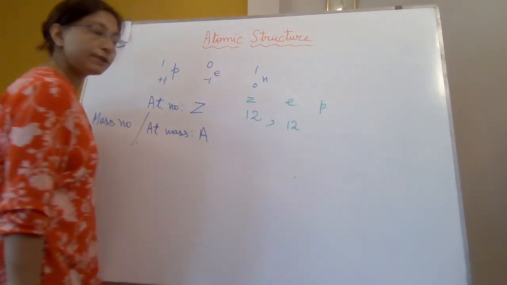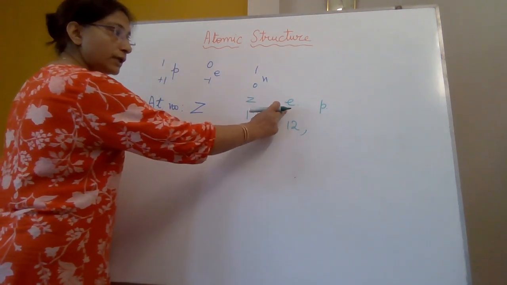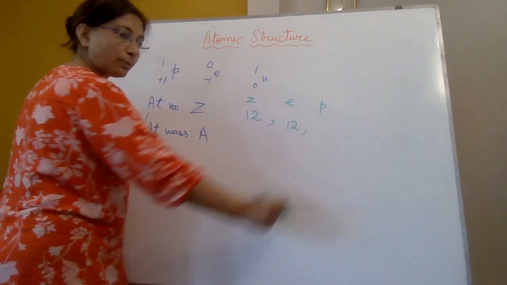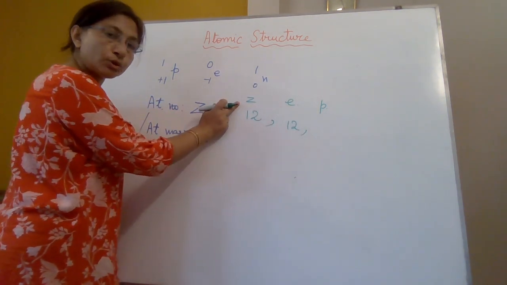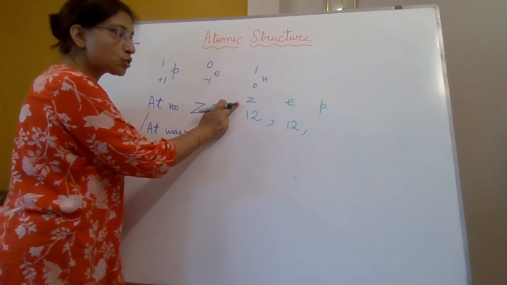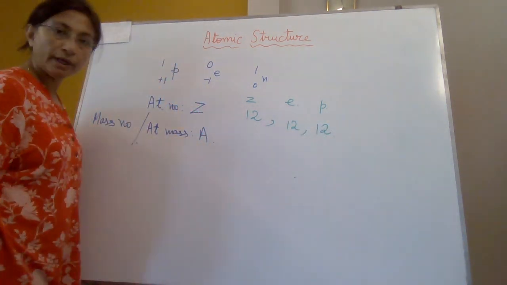How can I identify the number of protons here? Since the electrons are equal to the number of protons, and protons are equal to the atomic number, obviously the number of protons is going to be 12.